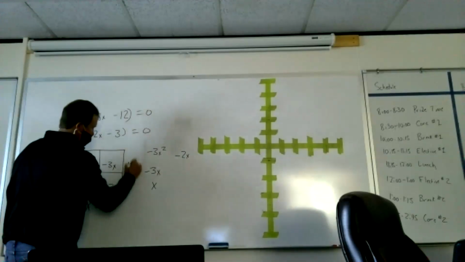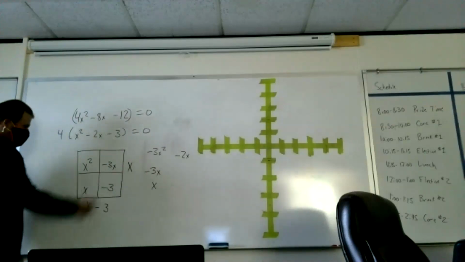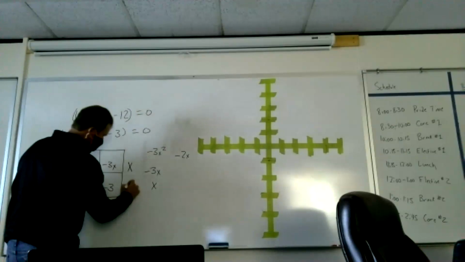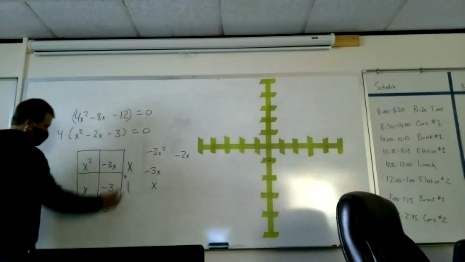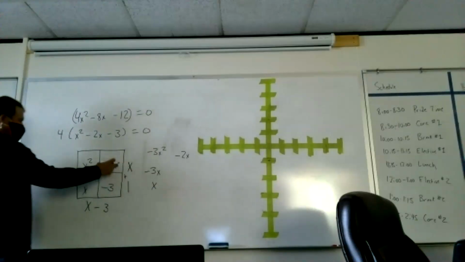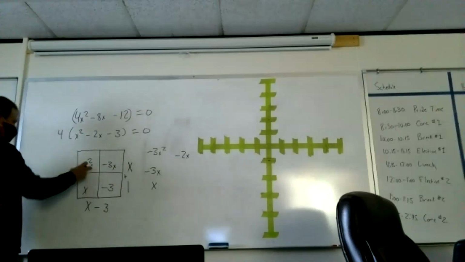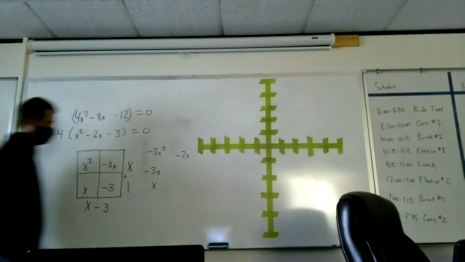Once again, I can only take the greatest common factor of x out. And then 1x and negative 3 gives me 1. So if I look and I double check myself, 1 times a negative 3 is a negative 3. Negative 3 times x is 3x. X times x is x squared. And x times 1 is 1x.